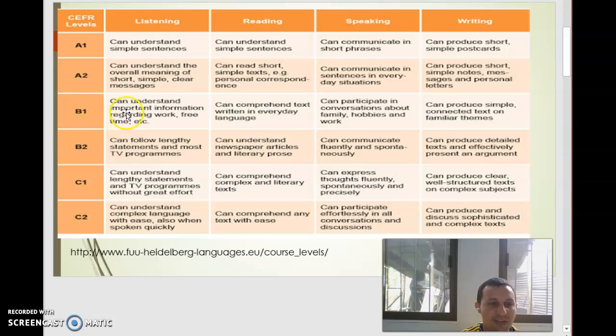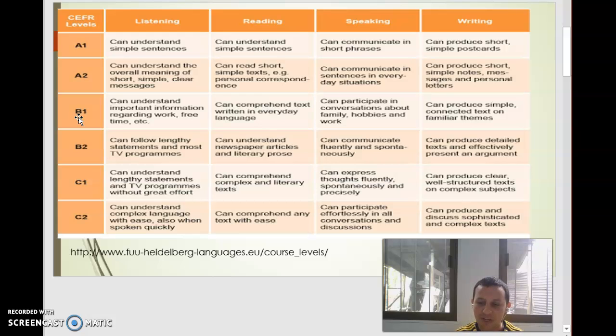Now we continue with the intermediate level, B1. In B1, people can understand points related to family, work, leisure, school, and most travel situations like going to the airport, going to the restaurant, checking in at a hotel.